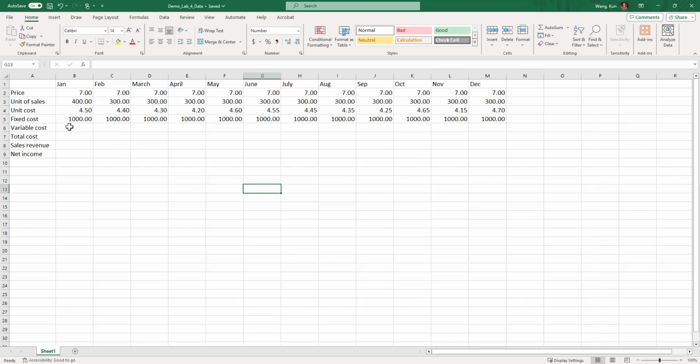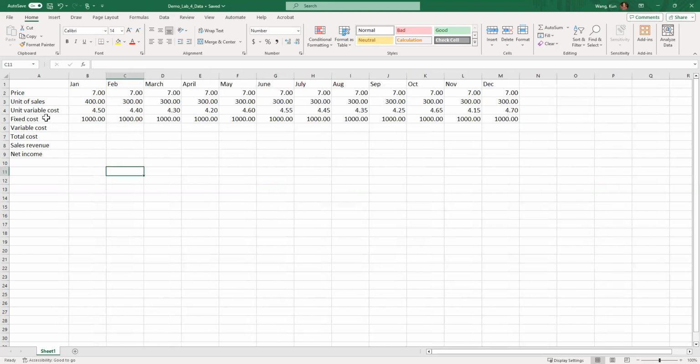So first we need to finish the calculation based upon the given items. We have the price per unit, the units sold, then unit cost, and fixed cost. This unit cost is supposed to be your unit variable cost, though they didn't put the word variable here, because the contribution margin income statement separates the cost into variable and fixed.